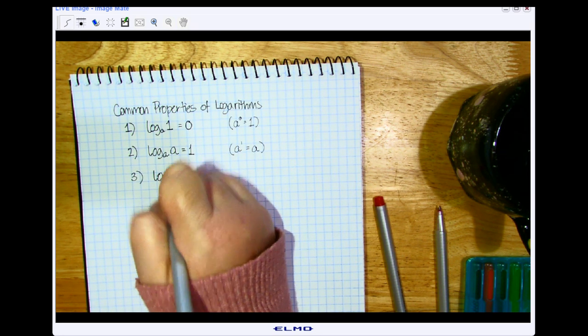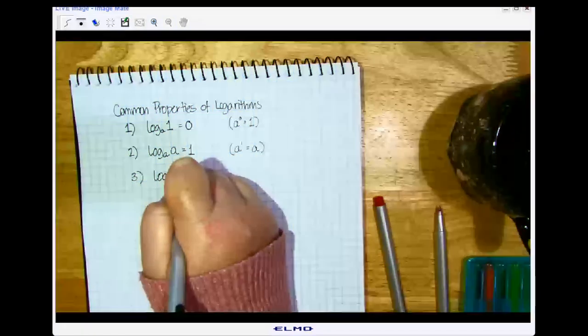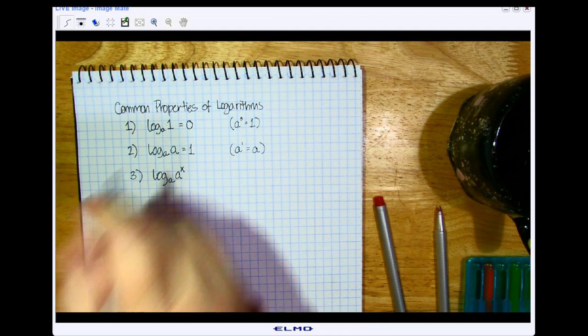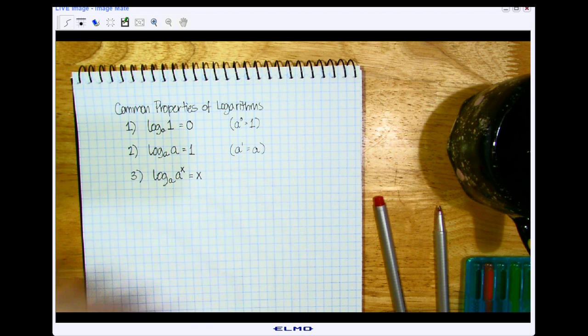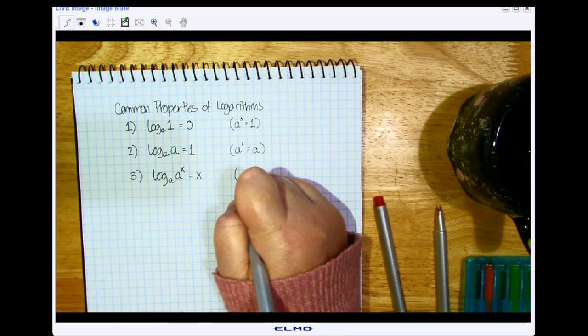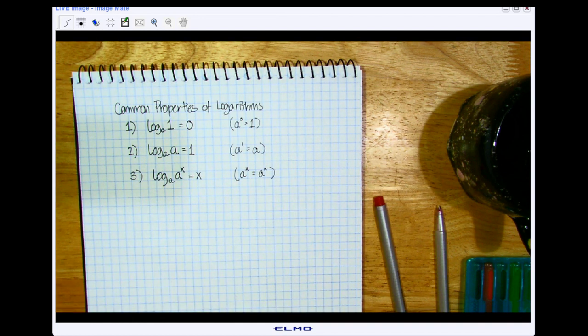If you have the log base A of any number that is already A to a power, so log base A of A to the x has to equal x. We have to raise A to the x power to get A to the x power.